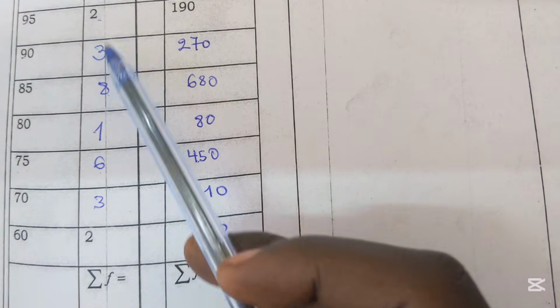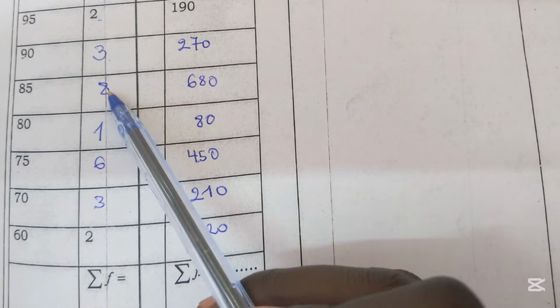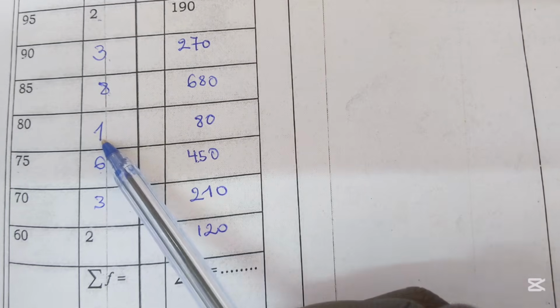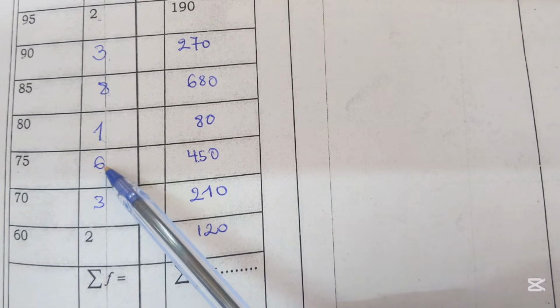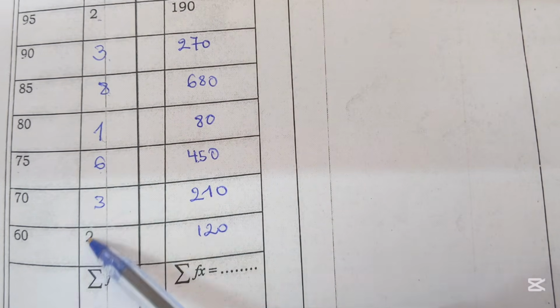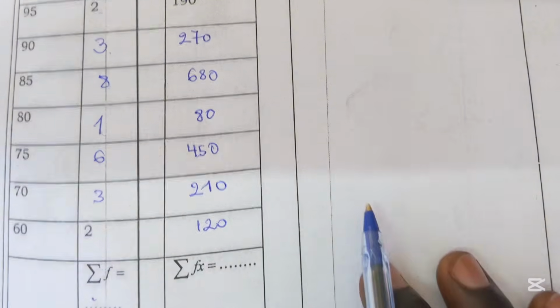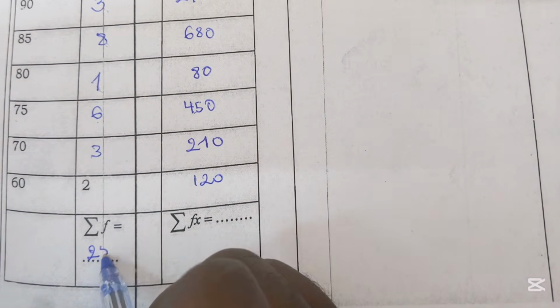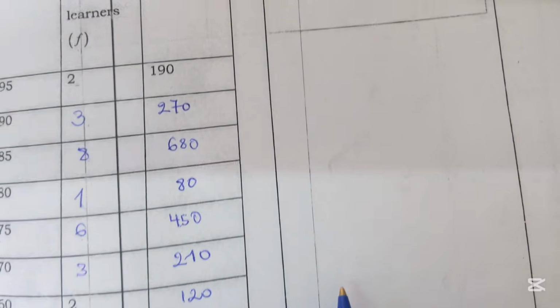We take 2 plus 3, we get 5, plus 8, we get 13, plus 1, we get 14, plus 6, we get 20, plus 5, we get 25. To mean that the number of students are 25.